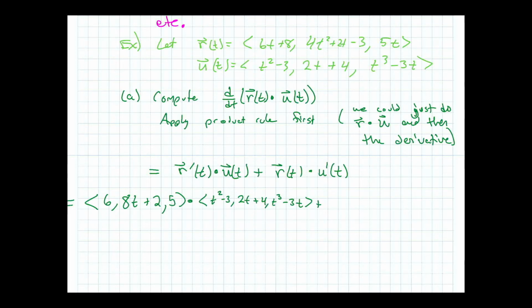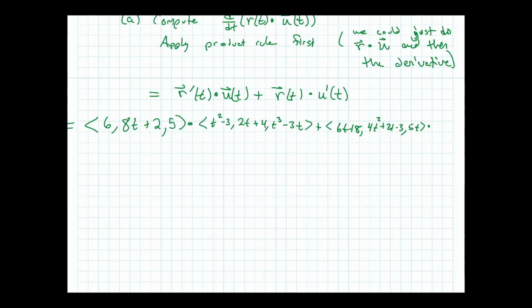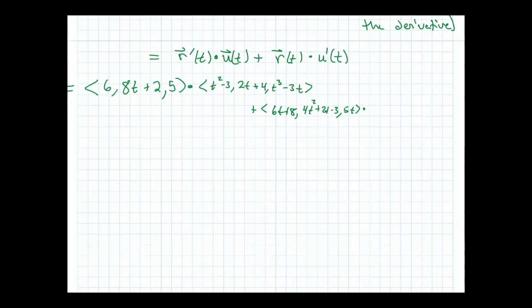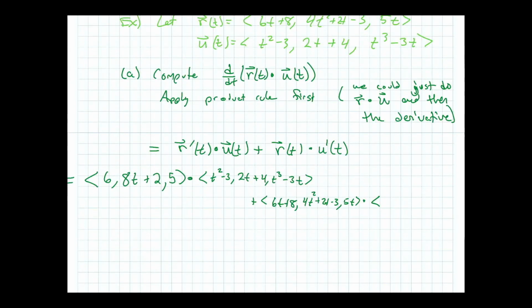Plus r. r is 6t plus 8, comma, 4t squared plus 2t minus 3, comma, 5t, dot... Man, this is so much, really hard to fit on the page here. This is all one line. Dot u prime, that's the derivative of u. What's the derivative of u?